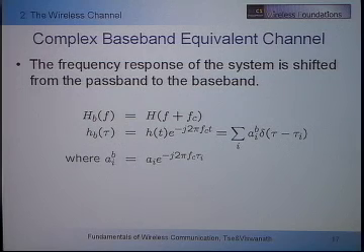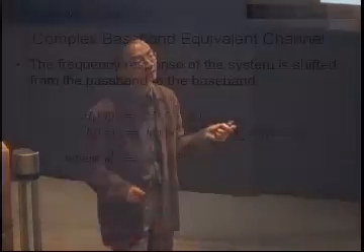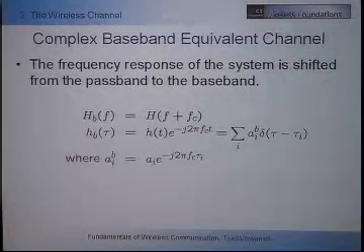Okay? So that H_b(f) is the baseband representation of the actual physical channel. So this is the key operation. All I'm doing is shifting it by a carrier frequency fc of the original channel response H(f). H_b(f) is now my baseband channel response.